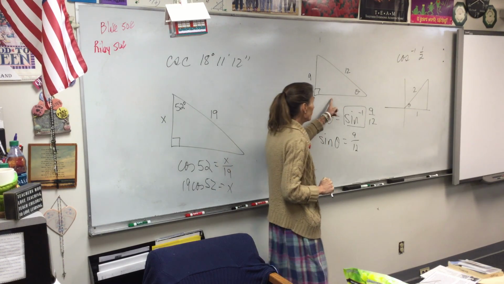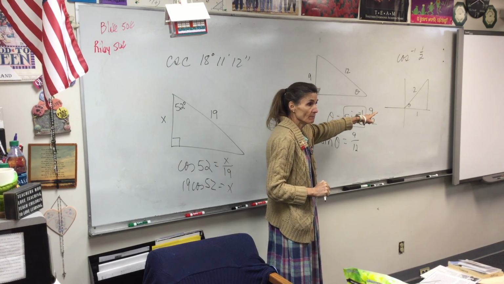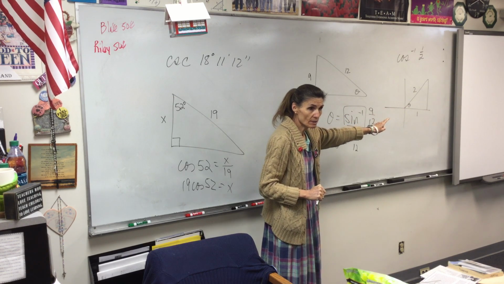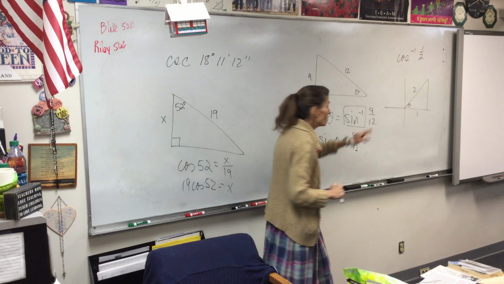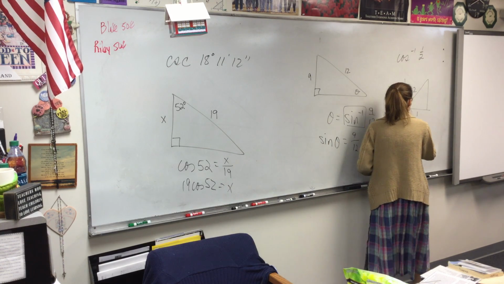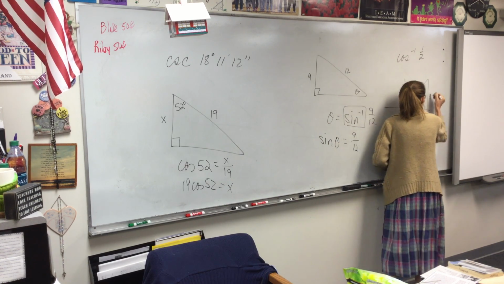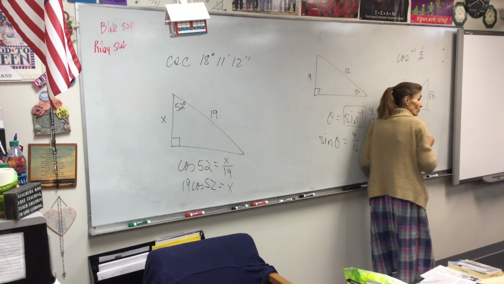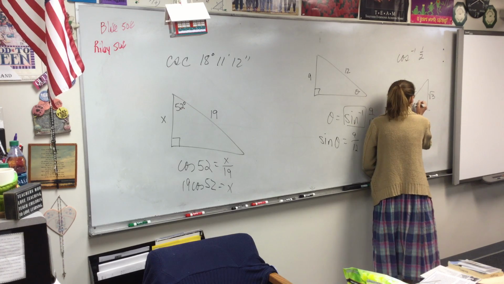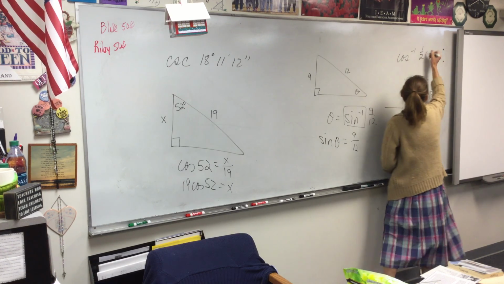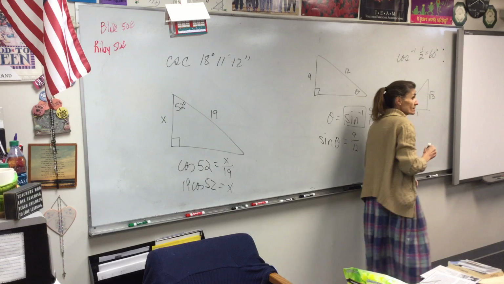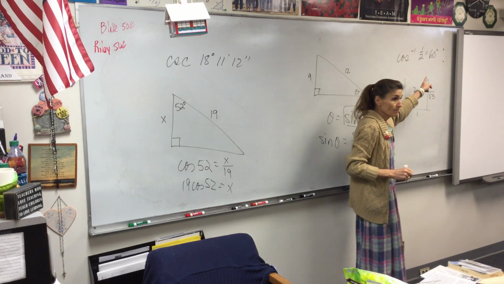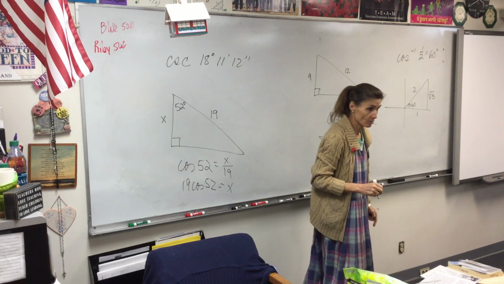Now, having done a couple of these, does that make sense to you? I've taken away your calculator though. But you should recognize, oh look, if I have a 1 and a 2, this must be a √3. And across from the √3 is 60. So the answer to the question is 60 degrees. And sure enough, if you type that in on your calculator, it would say 60 degrees.